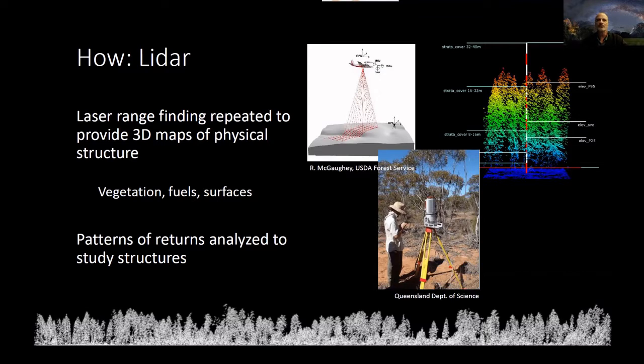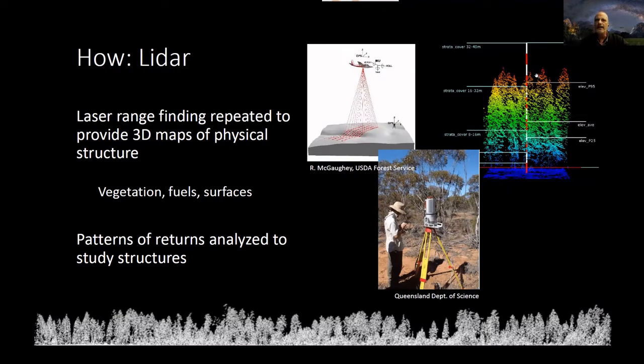Of course, these are extremely high-tech instruments, both in the laser rangefinders and also in the supporting instrumentation that very precisely maps where the instrument is and exactly how it's pointing. And it can be used to map vegetation, fuels, or surfaces. And you can see an example over here.